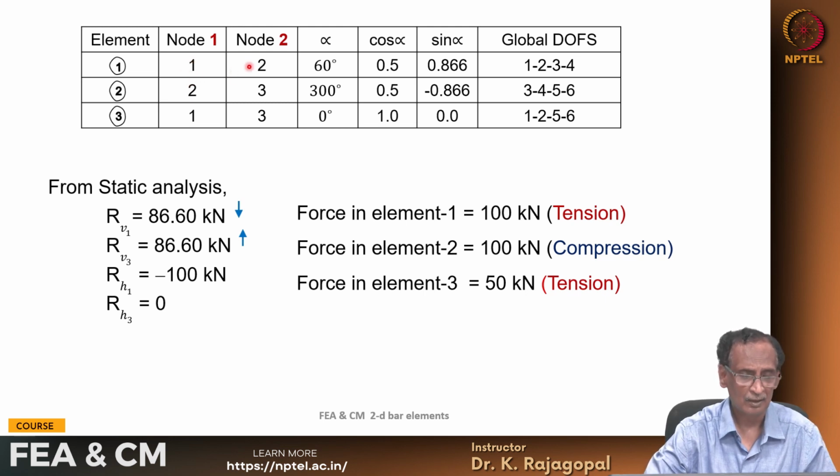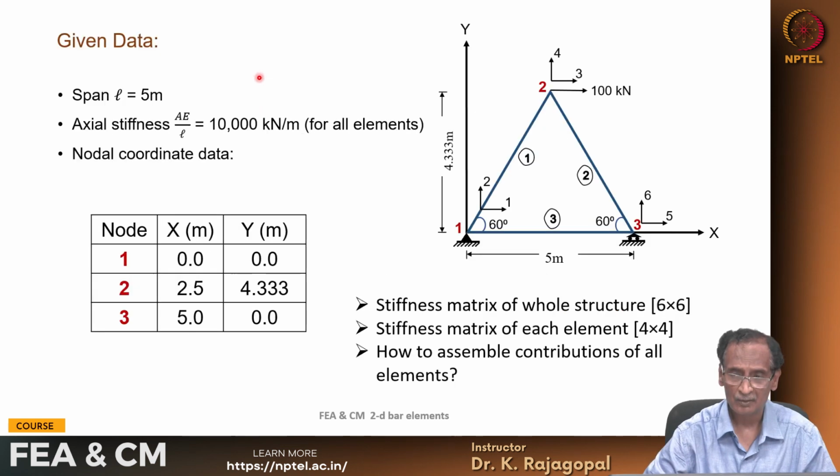So, element 1 is defined with nodes 1 and 2. Node 1 is 1 and node 2 is 2, and alpha is 60 degrees. So, we have cosine alpha and sine alpha, and then the global degrees of freedom connected to element 1 are 1, 2, 3 and 4. That is what we have seen here.